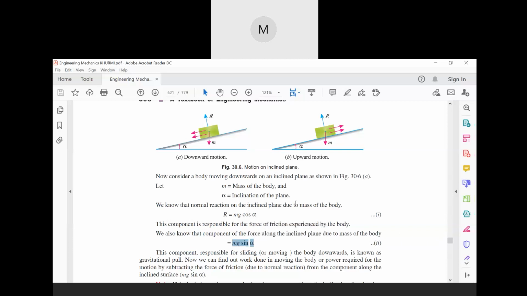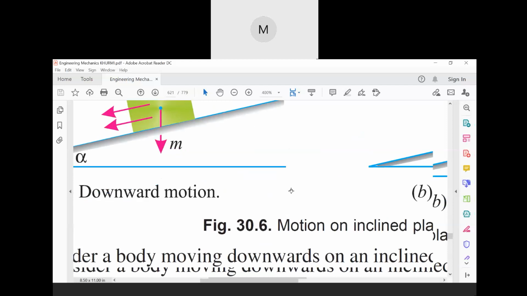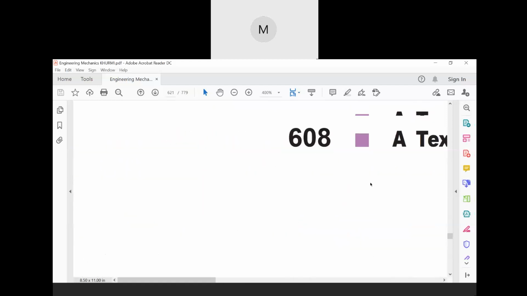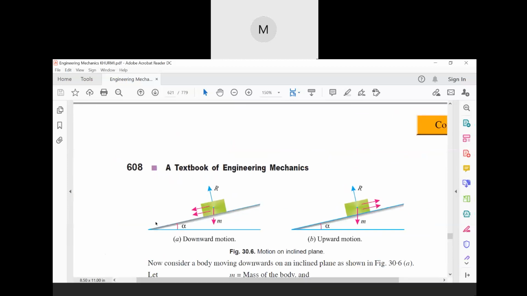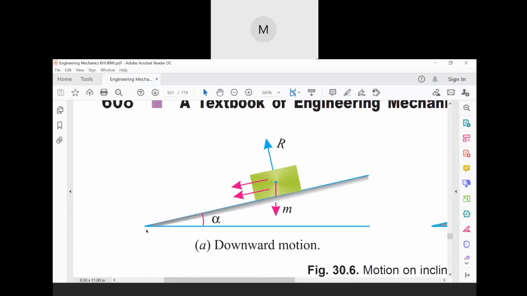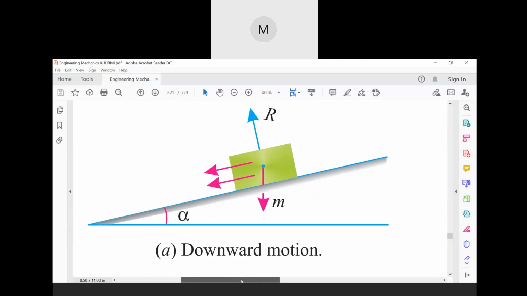Now look how to derive this. I showed you in the previous classes also; today also I am showing. I'll just zoom in, then I'll show you. Can you see the zoom, students?